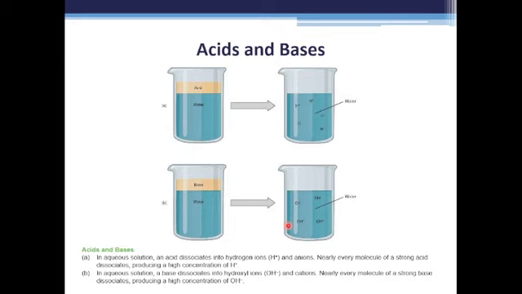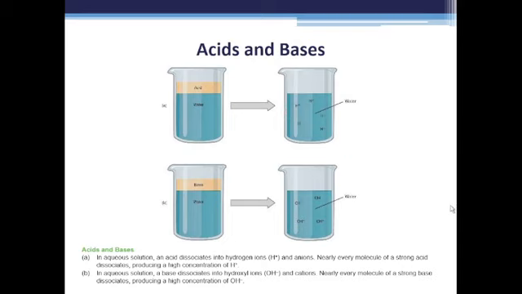An example of that is sodium hydroxide, or NaOH, and it dissociates into Na plus and OH minus. Since it has OH minus, it's an example of a base, and bases reduce hydrogen ion concentration.